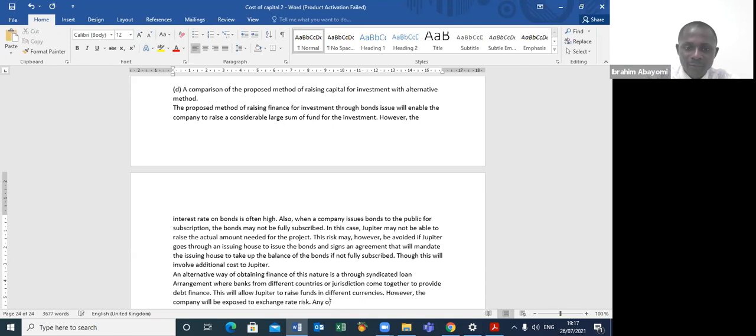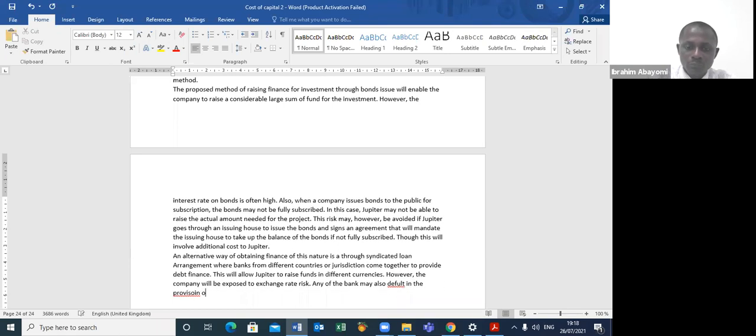Any of the banks may also default in the provision of the loan.